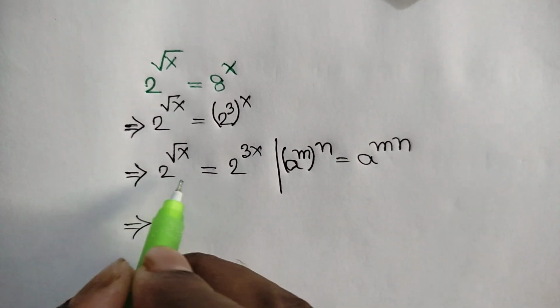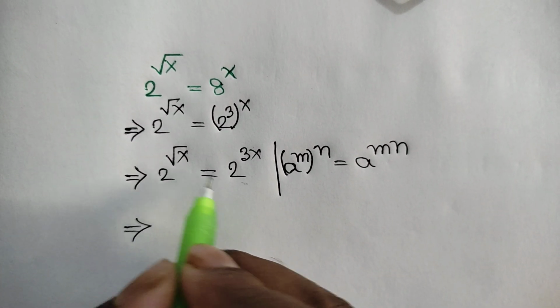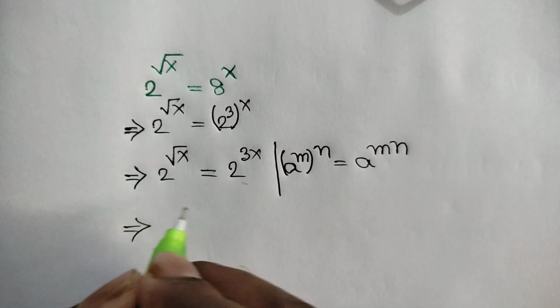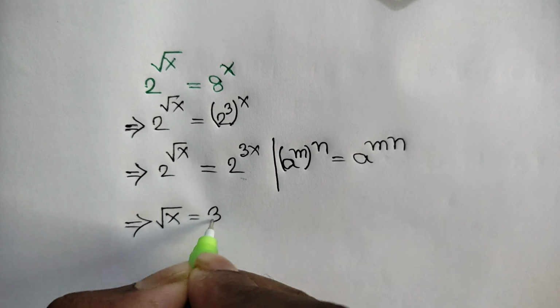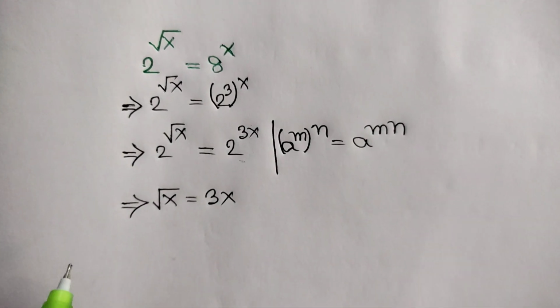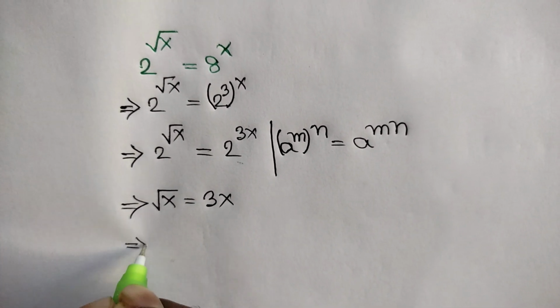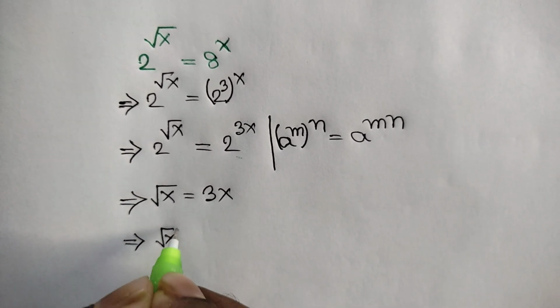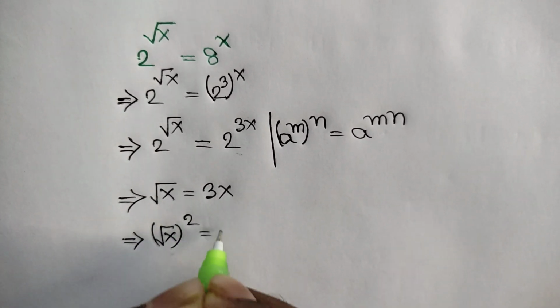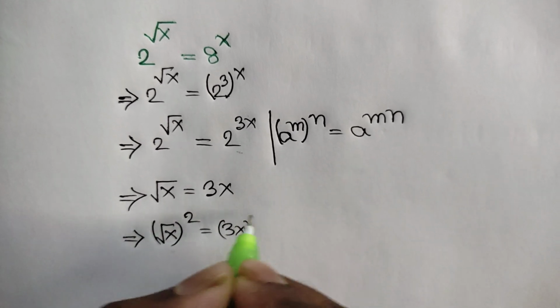Now see, here are same base but different powers, so we can write square root of x is equal to 3x. Squaring both sides, we can write square root of x whole square is equal to 3x whole square.